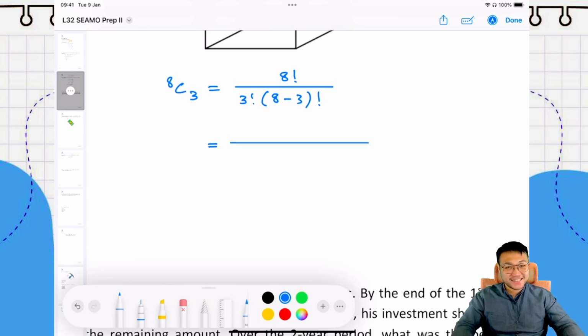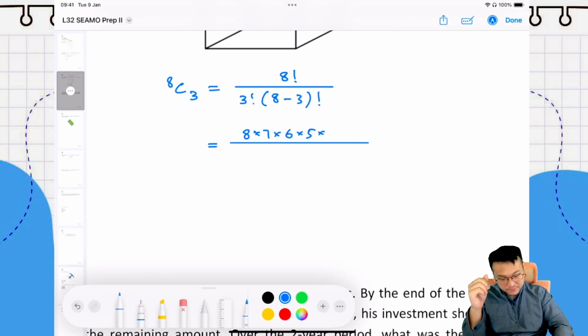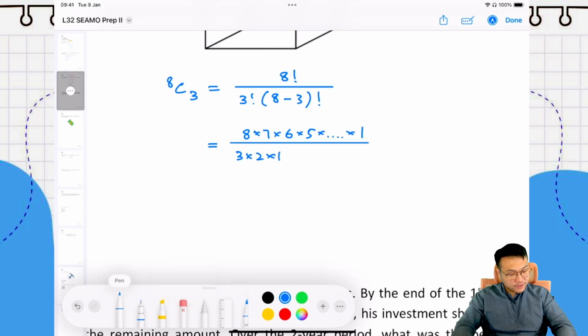Very easy. 8 factorial is just 8, 7, 6, 5, 4, 3, 2, 1. 3 factorial is just 3, 2, 1. 8 minus 3, you get 5, right? So you have a 5 factorial: 5, 4, 3, 2, 1.